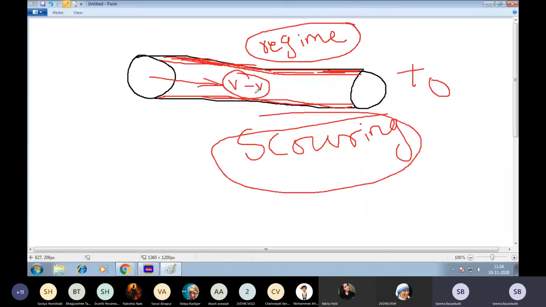What do you mean by regime condition? The velocity is not too high and not too low, so that elevation we have to maintain.